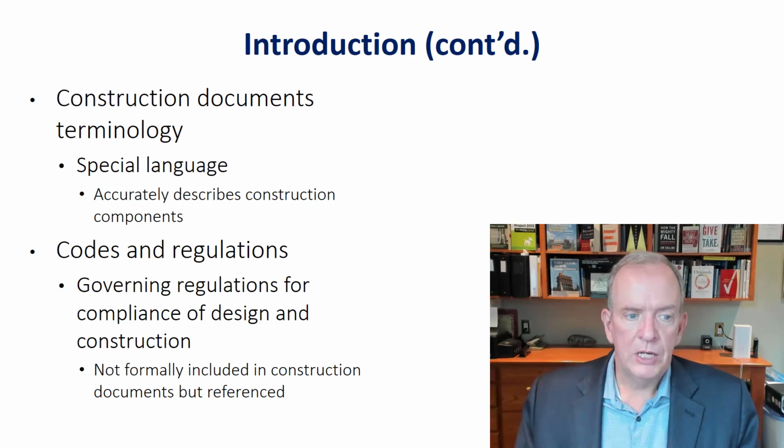Codes and regulations. Now, the details of the codes aren't given, but the references to the codes are. Usually your specifications and construction documents somewhere will say that you must comply with all applicable building code standards.